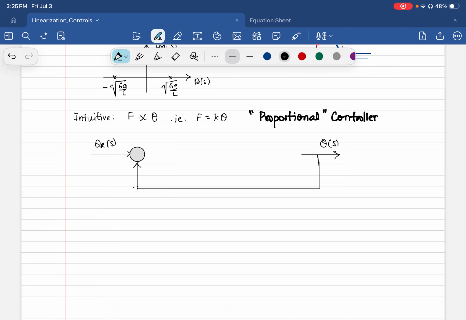It's measuring that and then subtracting to create the error, E of s. And that is now coming into a controller, just GC of s, which is creating F of s. And that F of s is going to our plant transfer function, which we saw as 6 over ml divided by s squared minus 6g over l.